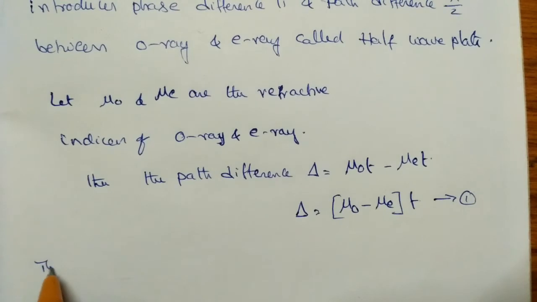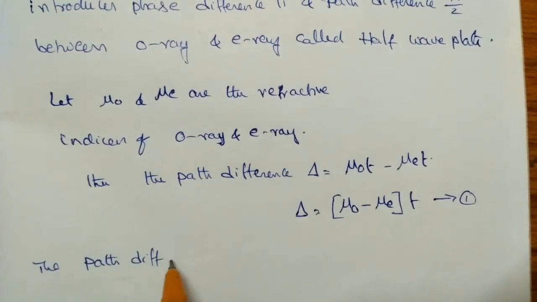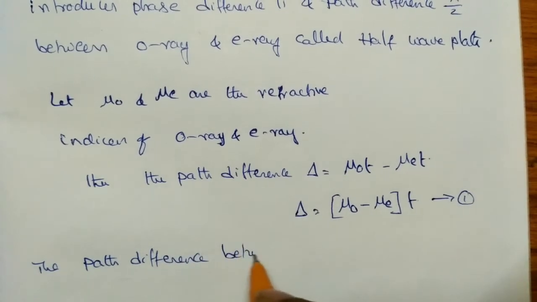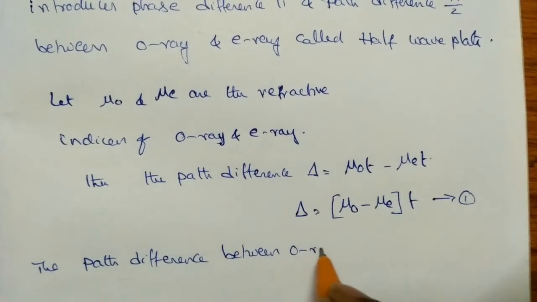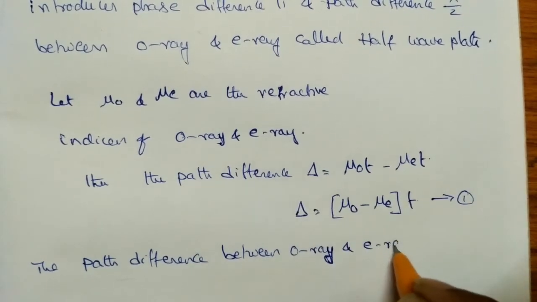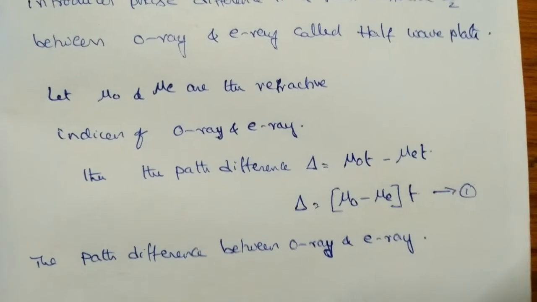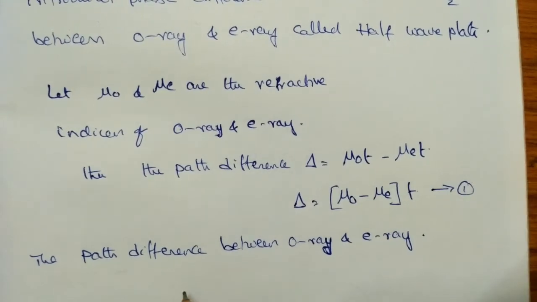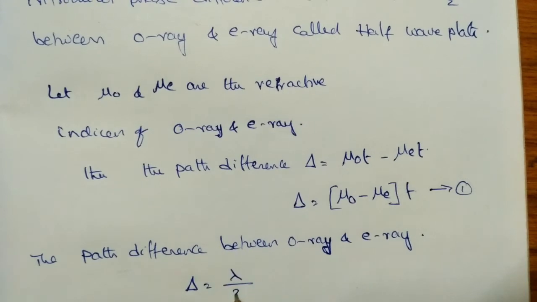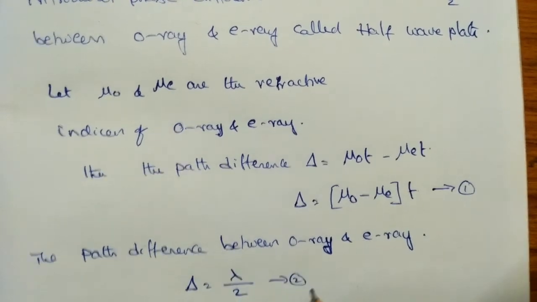Now the path difference between the O ray and E ray, that is delta, is equal to lambda by 2. This is equation number 2.